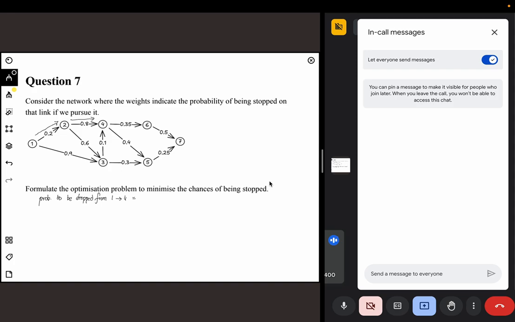So it has two things. First, I have to take 1 to 2. So what are the different scenarios that you have? In order to be stopped on path 1 to 4, you can be stopped either in the first route, which is point 2, or you can get stopped in the second route, with point 8.